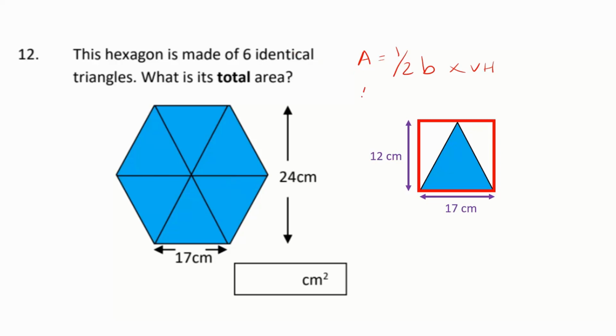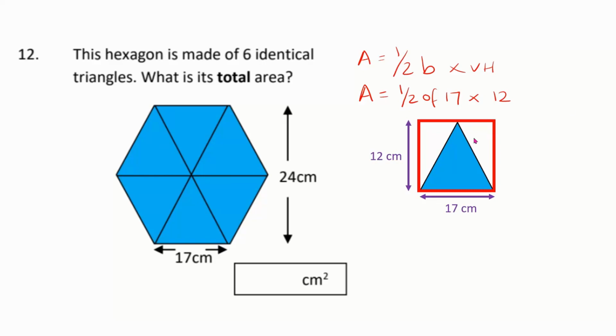So your formula, taking it a step further, would be half of 17, which is 8.5, and you multiply that by 12. And that's how you would do that question. Now, what if you didn't half the 17 and you did 17 times 12? What would you get the answer to?